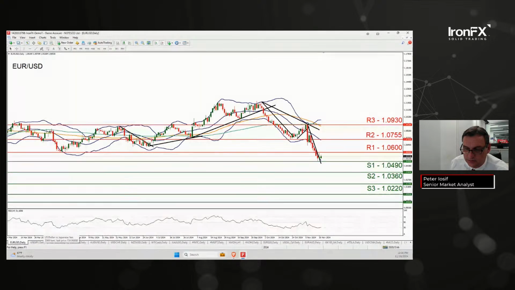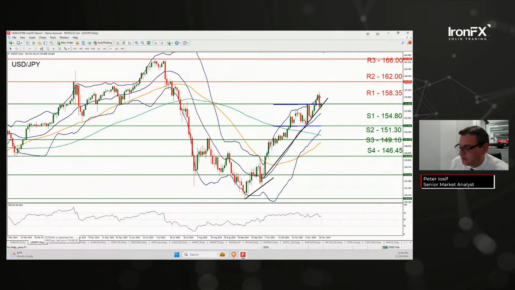on Friday weekend, rose. JPY weakened. The JPY strengthened, and we saw a substantial drop of USD JPY on Friday, shifting the pre-mentioned upward trend line to the right.